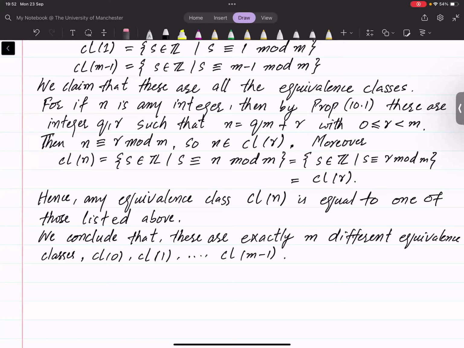And note that every integer lies in exactly one of these classes. Perfect.